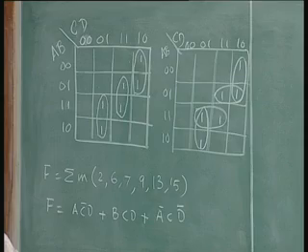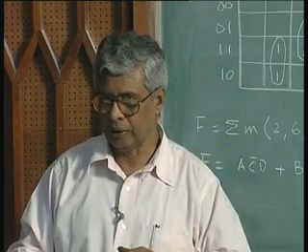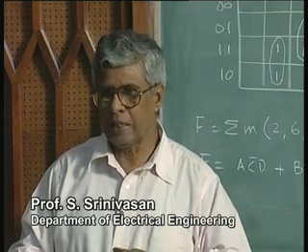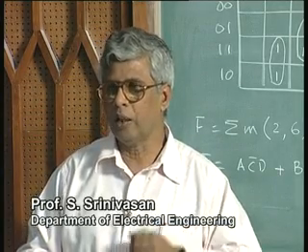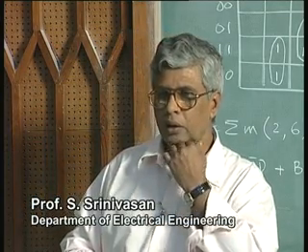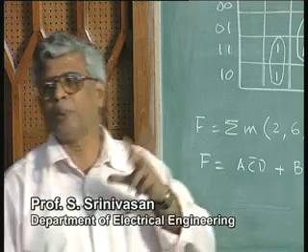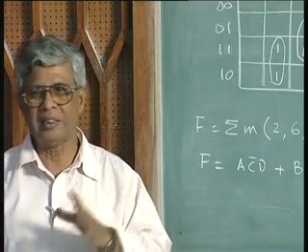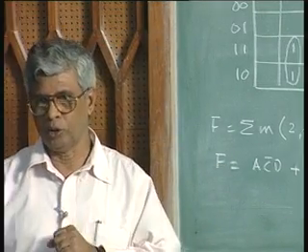I talked about implicant, a prime implicant, and an essential prime implicant. An implicant is any group of ones. A prime implicant is the largest possible group of ones, a group which cannot become part of another implicant.